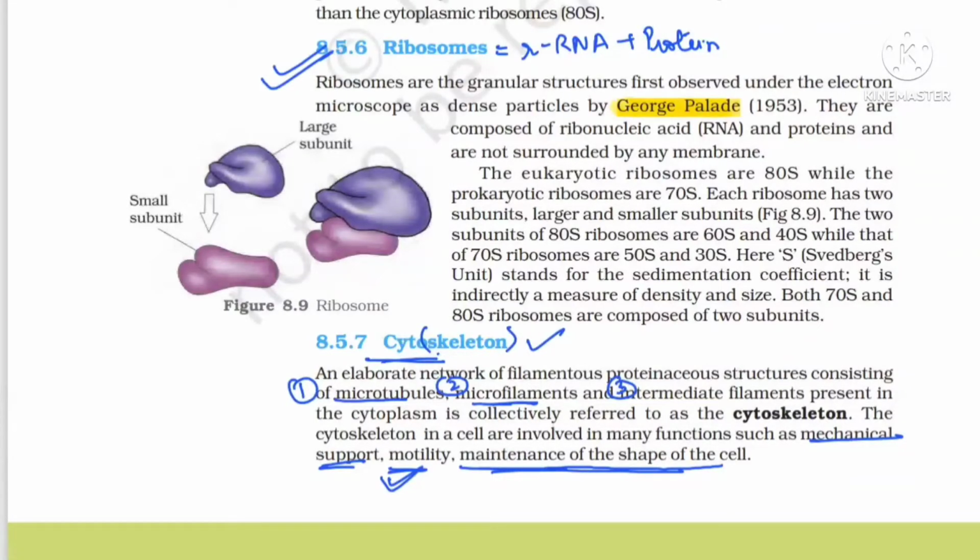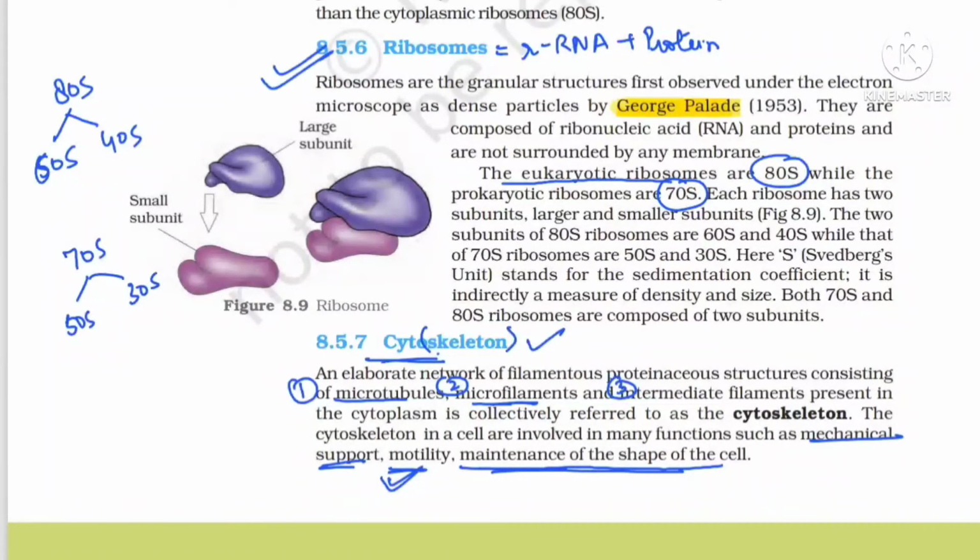Now, the eukaryote ribosome is 80S and the prokaryote ribosome is 70S. Is it clear? You may write it this way: 80S is divided into two subunits, 60S and 40S. In the same way, 70S has two subunits, 50S and 30S.